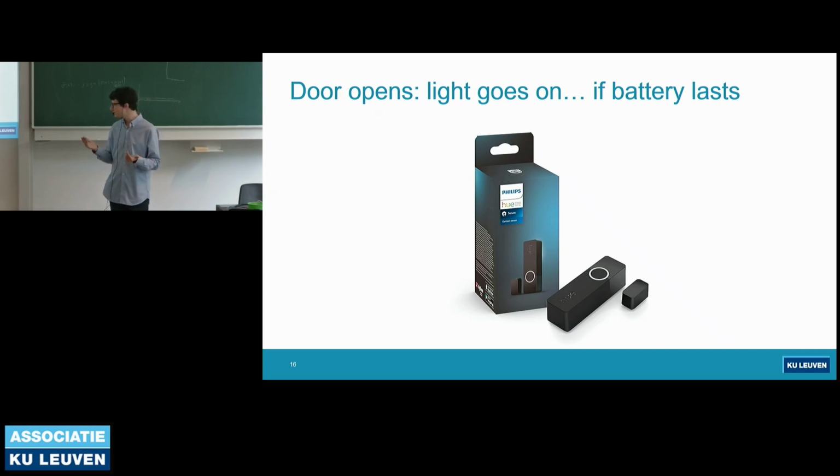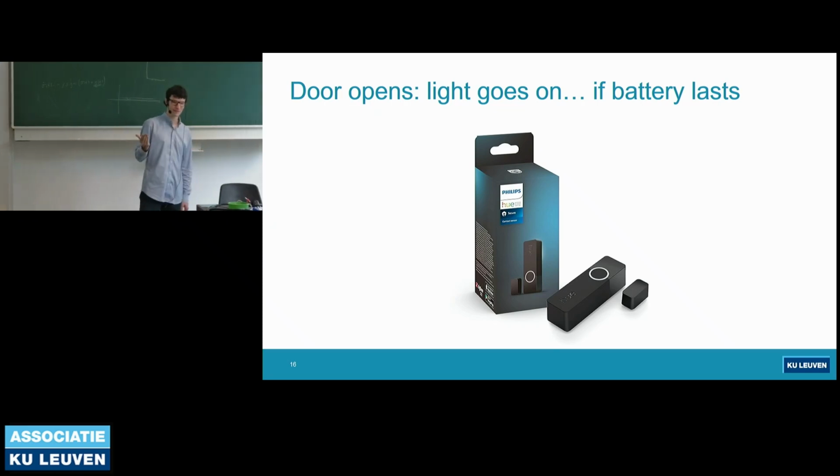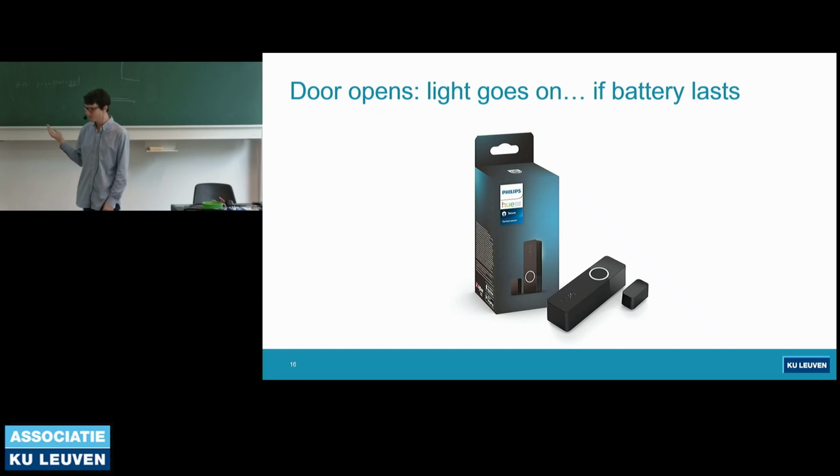But of course, this thing is not connected with a power cable. It's a battery. So you place it on your door, and then it should last long. Now, you can decide not to put any security into this thing, and that's very power efficient, because not doing any operation is always very power efficient. But then bad things might happen, which we will describe in a second.